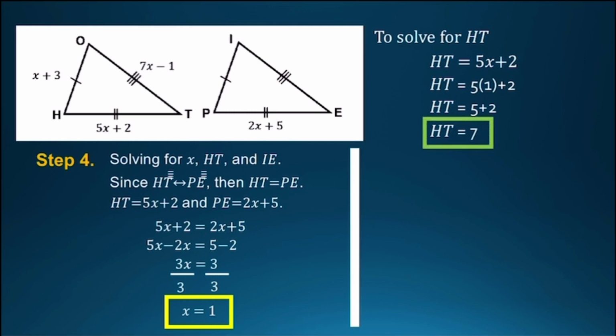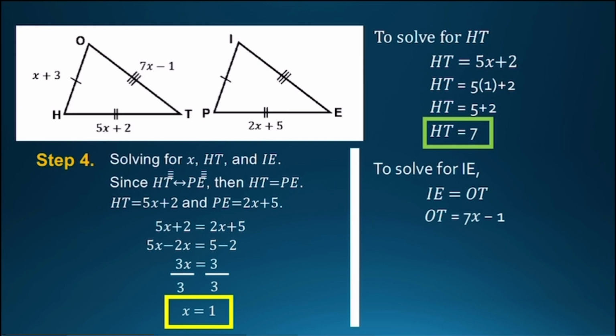And to solve for IE, we have to substitute the value of x in 7x minus 1. IE is equal to OT, and OT is equal to 7x minus 1.